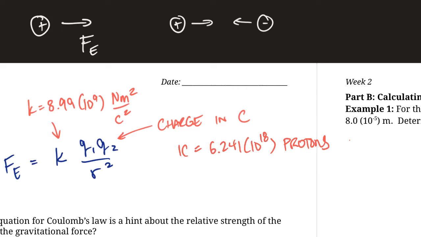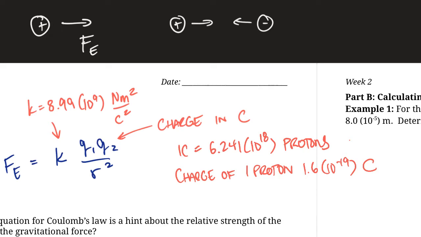If we take the reciprocal of that, the charge of 1 proton is 1 over that, which is going to be 1.6 times 10 to the negative 19 coulombs. So you can see 1 proton has a very small charge in terms of coulombs, so it takes a very large number of protons to make a coulomb.